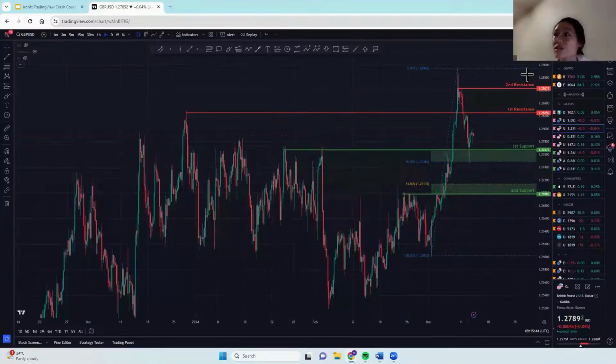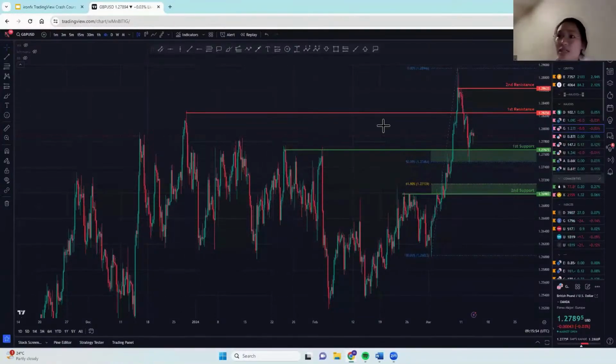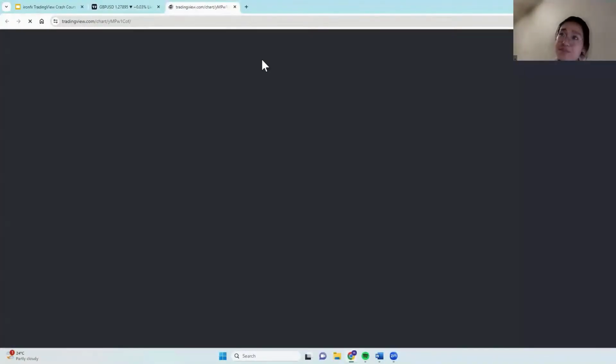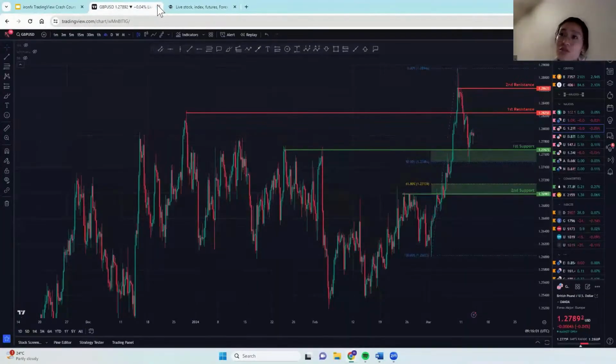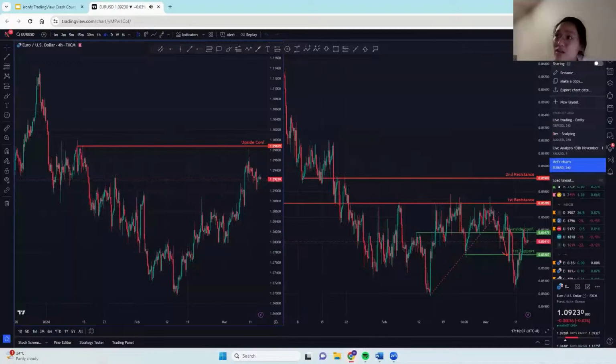Okay, so you can see here, let me just move my camera. So I'm going to load a layout for myself. You can see I have one over here. So I'm just going to use this. I'm going to use my own charts. But if you want to create a new layout, just click on new layout.